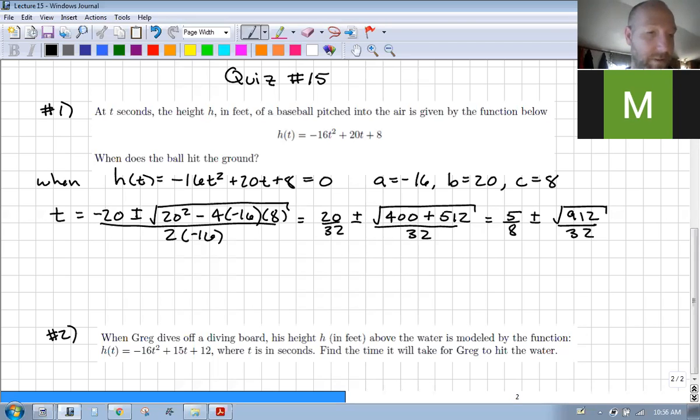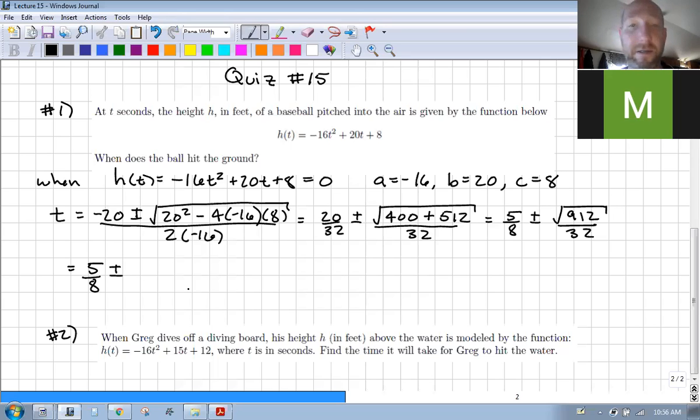So 912, take the square root of that, it's a decimal. Notice there's two answers. Well, the negative one here, when we take 5/8 minus this, we're going to get a negative number, which wouldn't make sense for the problem, right? A negative time. So we only want the positive one here, but we can go ahead and write them down.